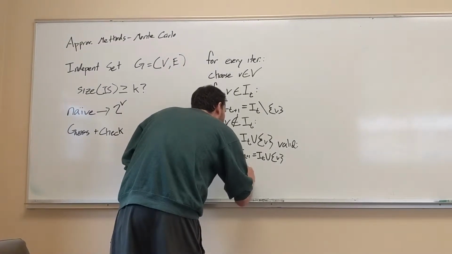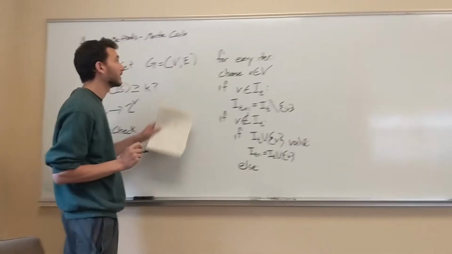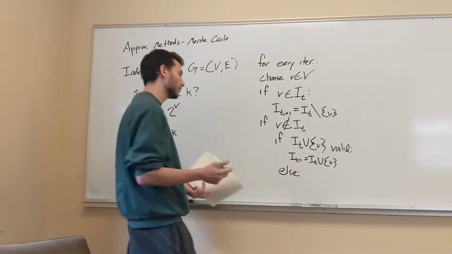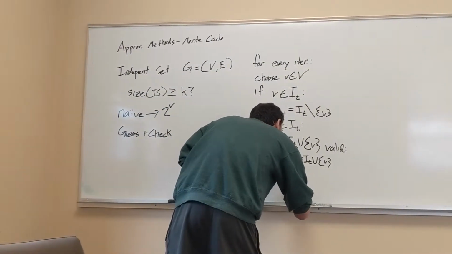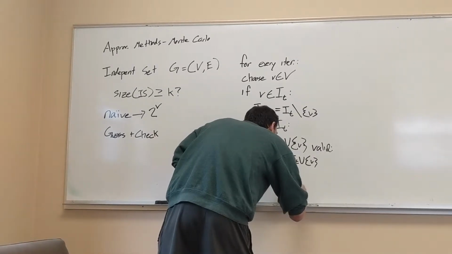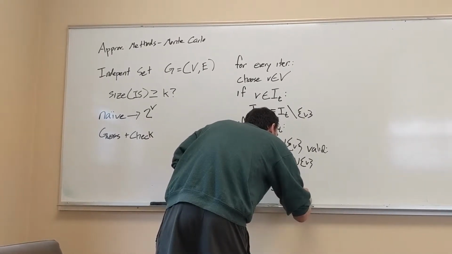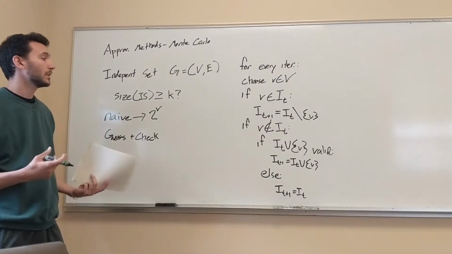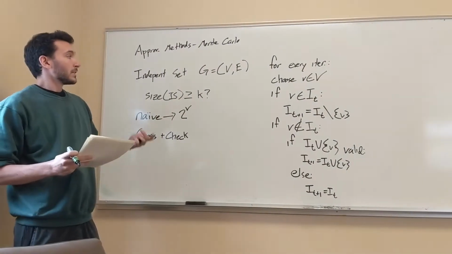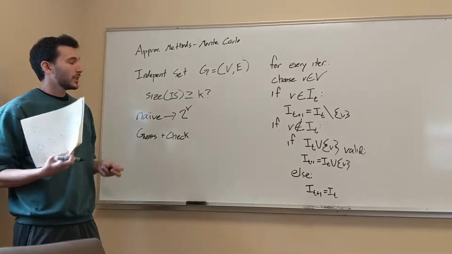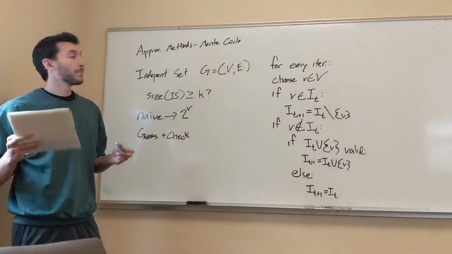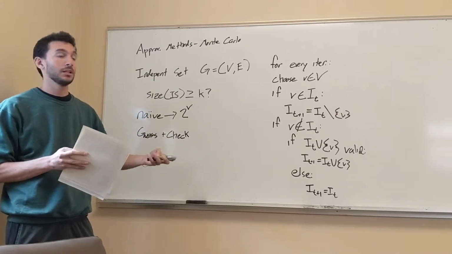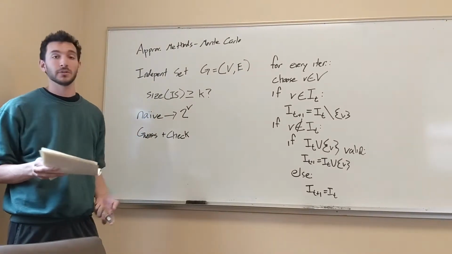Or else, if it would add an edge in E, which we cannot do because it would violate the original independent set problem, we reject that move, and our independent set at time t plus 1 is equal to our independent set at time t that we started with. Since we're just choosing a vertex randomly, this whole process for every iteration can be executed in polynomial time.